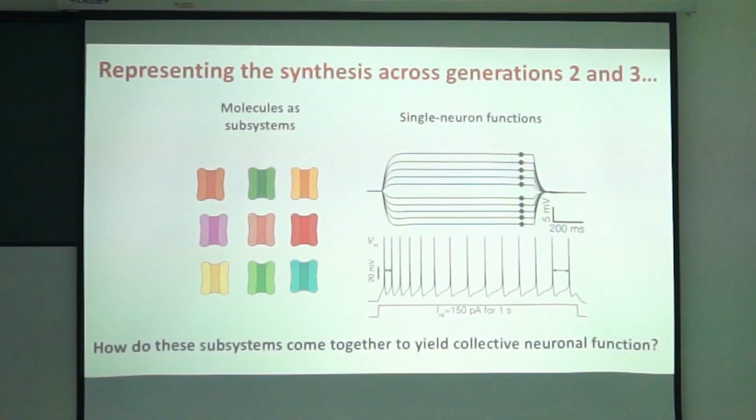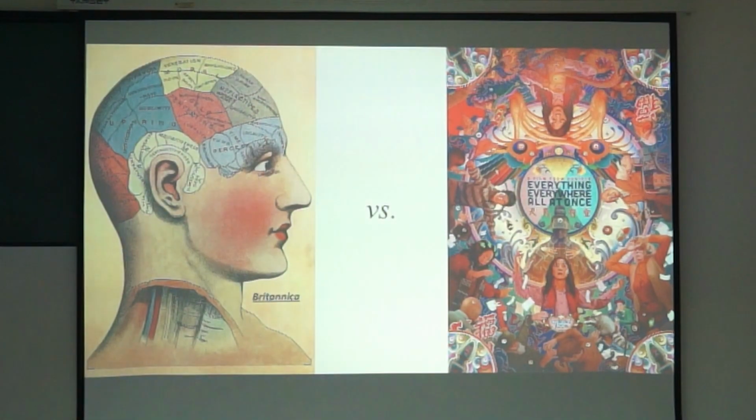So that was the fundamental question that people started asking at the beginning of the 2000s. How do these different subsystems come together to yield collective neuronal function? Right? And pretty much all of neuroscience, no matter whether it is at the cellular level like we do or at the behavioral level that others do, this is phrenology.